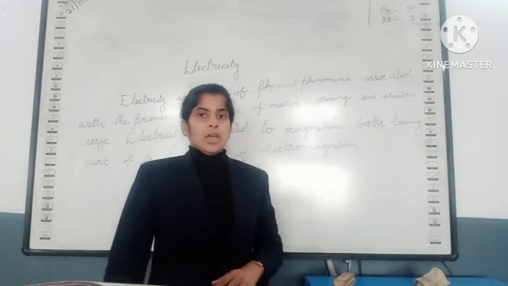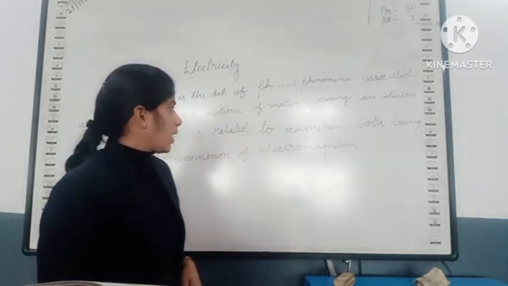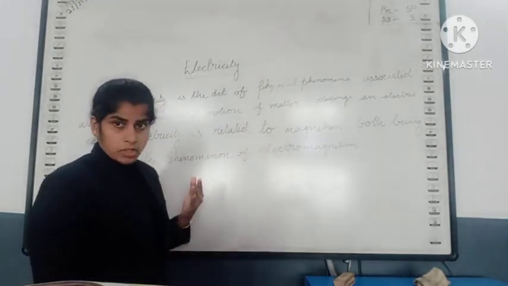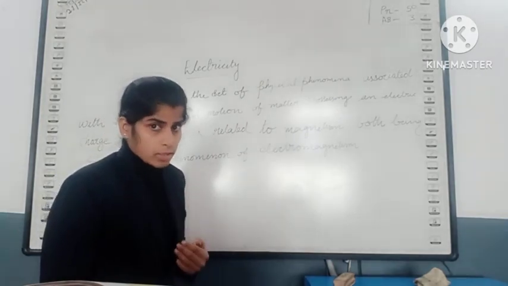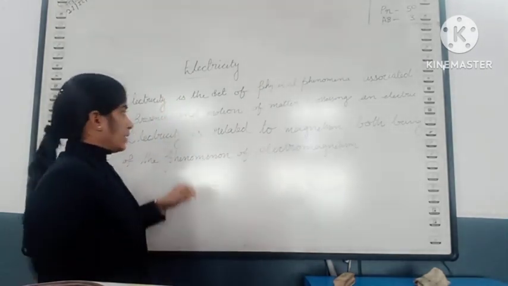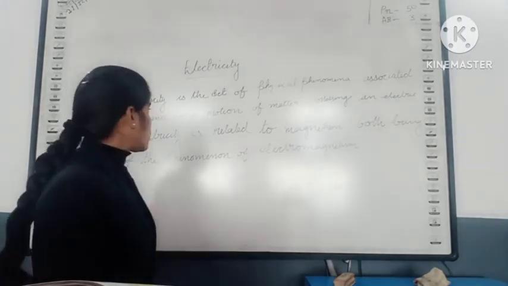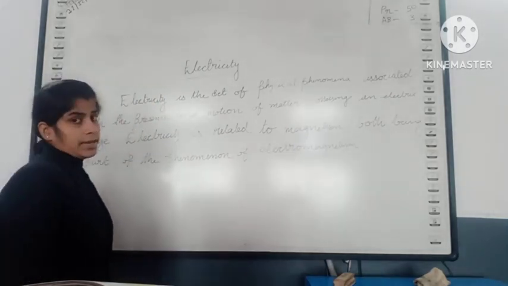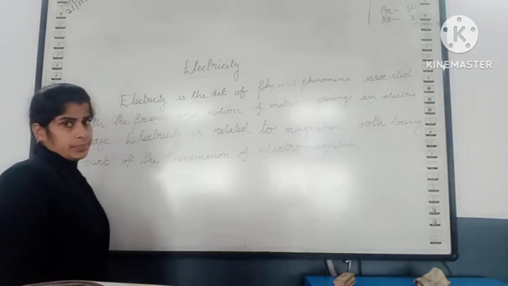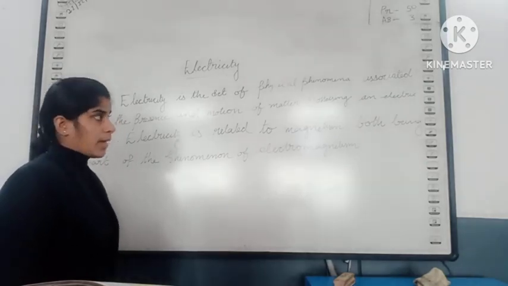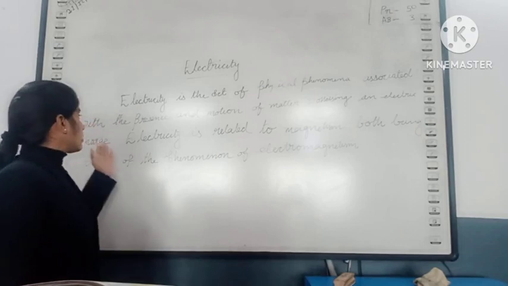So what is this electricity? Electricity is a form of energy. Electricity is the set of physical phenomena associated with the presence and motion of matter possessing an electric charge.